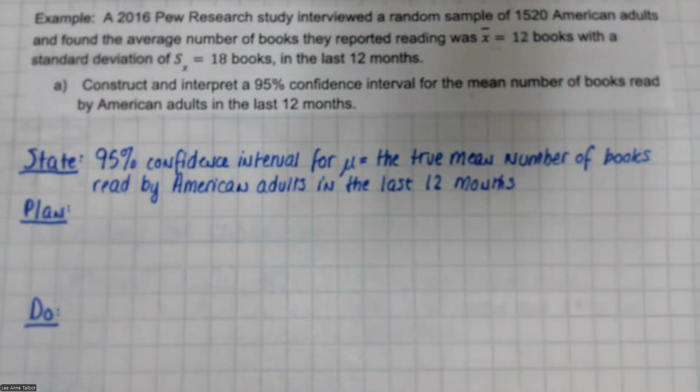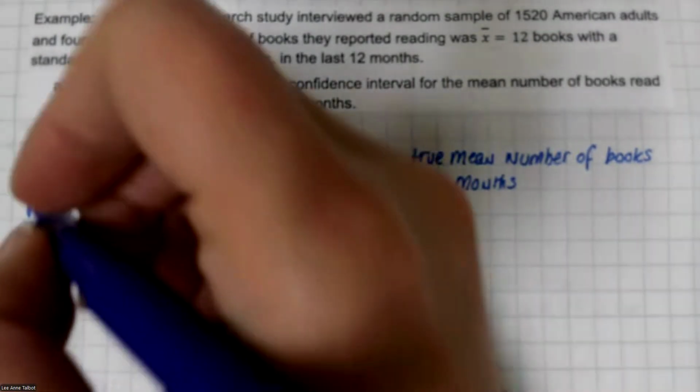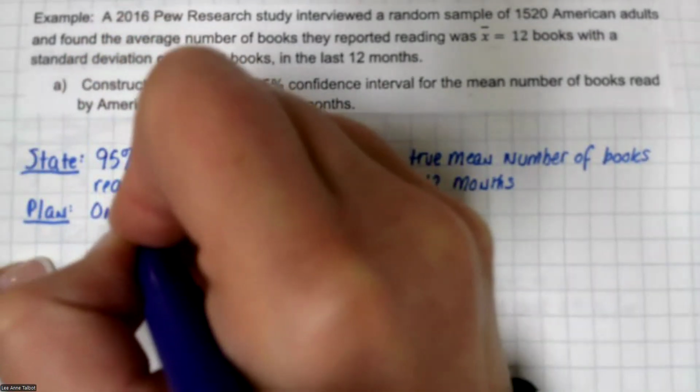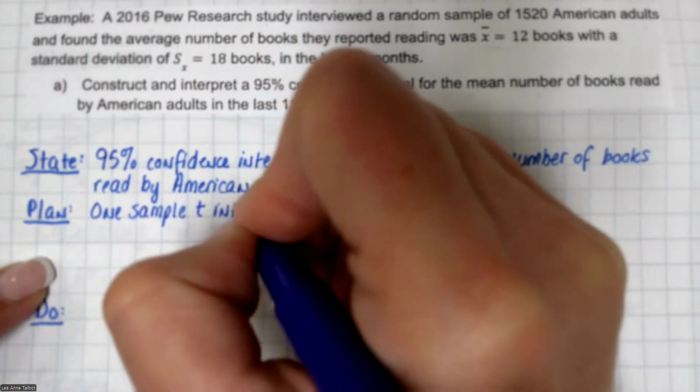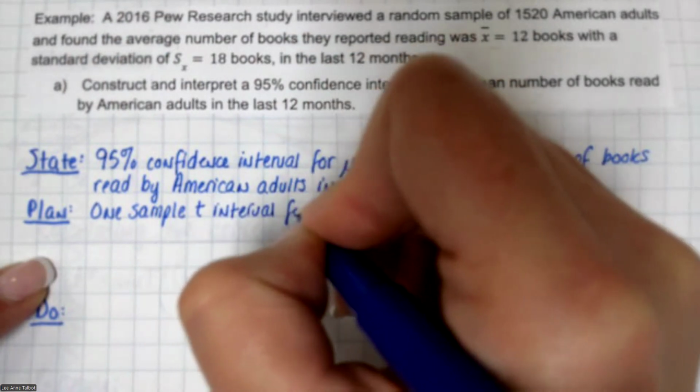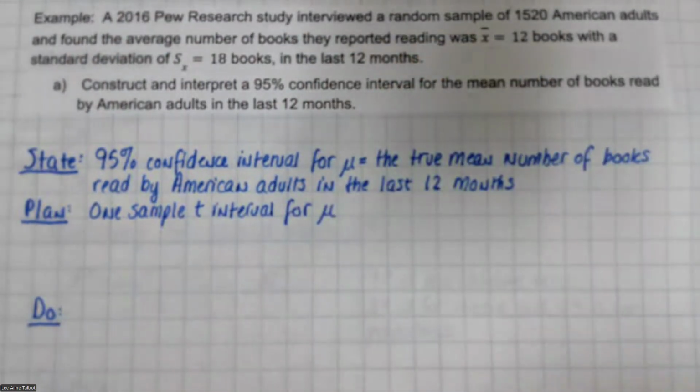Okay, anything surprising about the state? Perfect. Plan. One sample T interval for means.